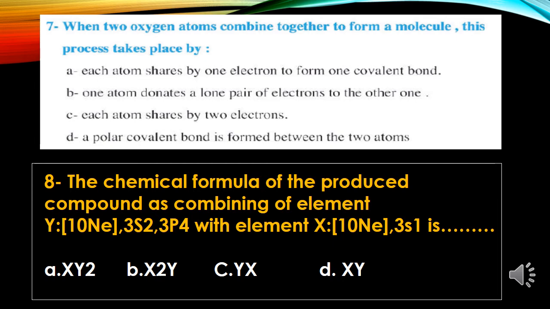Because Y is divalent since it needs 2 electrons to be stable, and X is monovalent because it loses 1 electron to be stable. So X takes 2 from Y and Y takes 1 from X. So the answer will be B, X2Y.